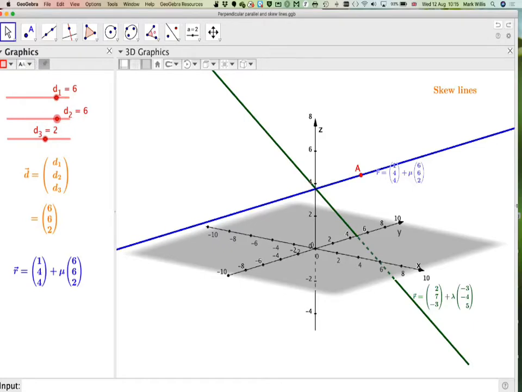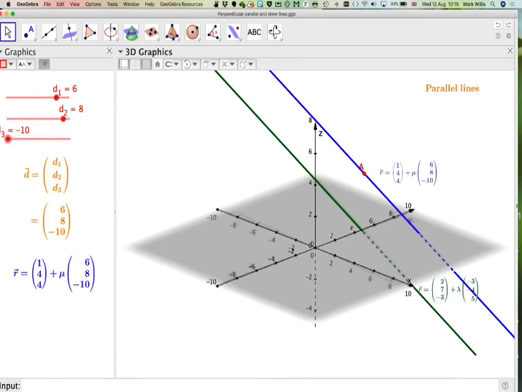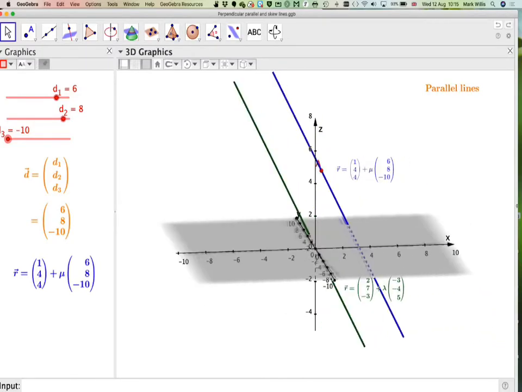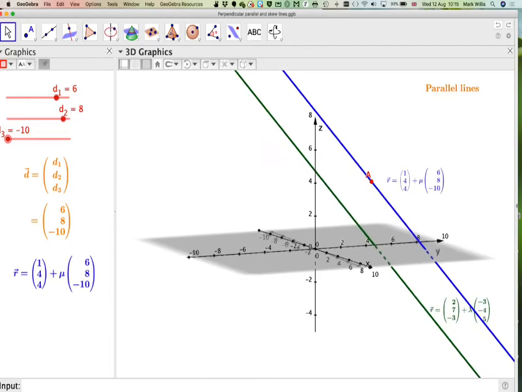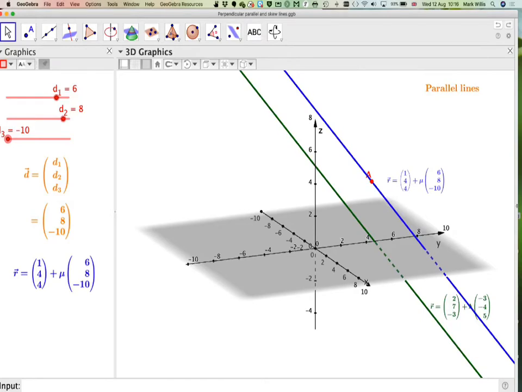D1 I will put at 6, D2 at 8, and D3 at -10. Then we can see very clearly, as we move it around a bit, that the two lines are in fact parallel. The point A here is the point (1, 4, 4). So this is the case where we have parallel lines.